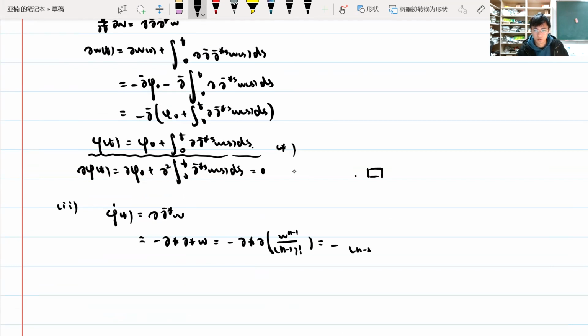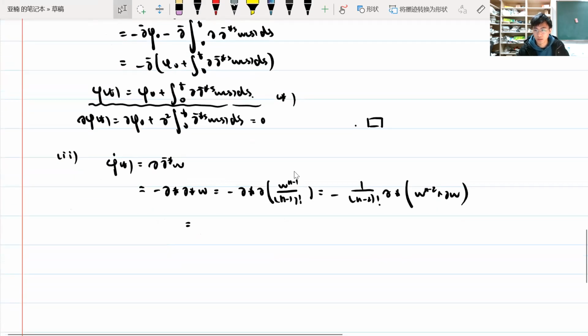It will be 1 minus 2 factorial star, and use the relationship between d omega and d bar phi.